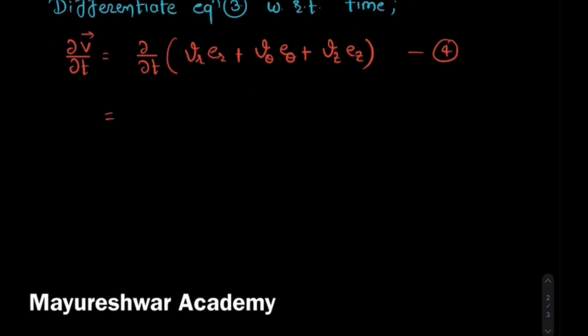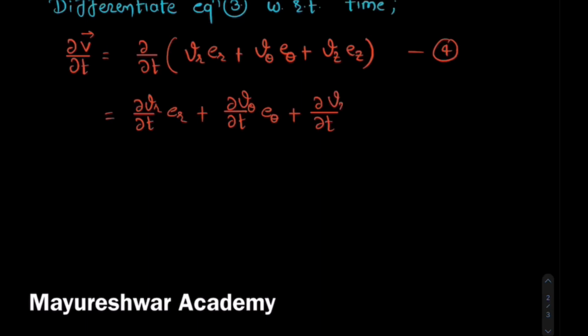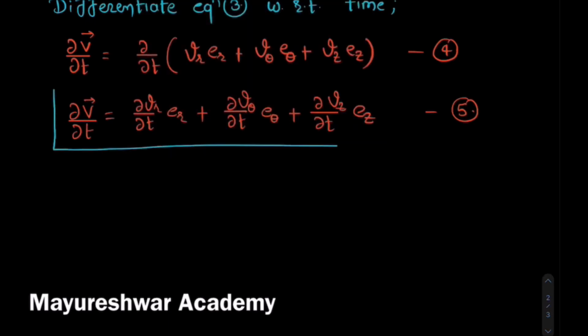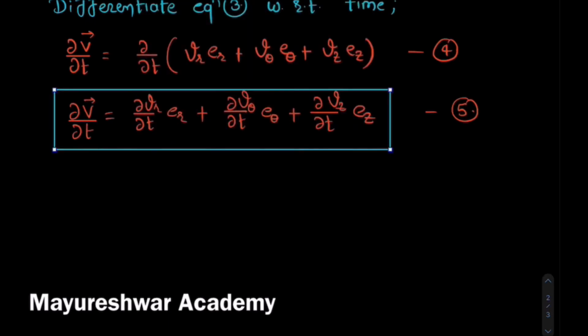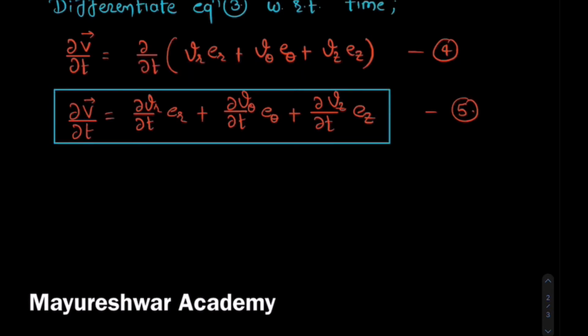Now this differential can be obtained based on the chain rule of differentiation and the product rule. The first term gives this component, the second term dv theta along the e theta direction, and dvz along ez. Remember, these differentials are vectorial differentials, so they are along each respective direction. These are basically the local components. Since d/dt of all the unit vectors er, e theta, and ez are 0, there are no second terms in this.